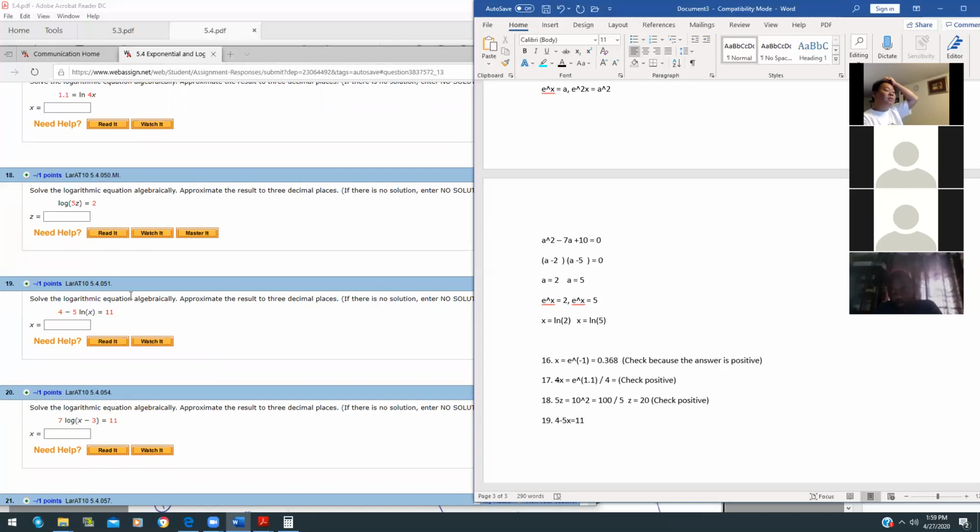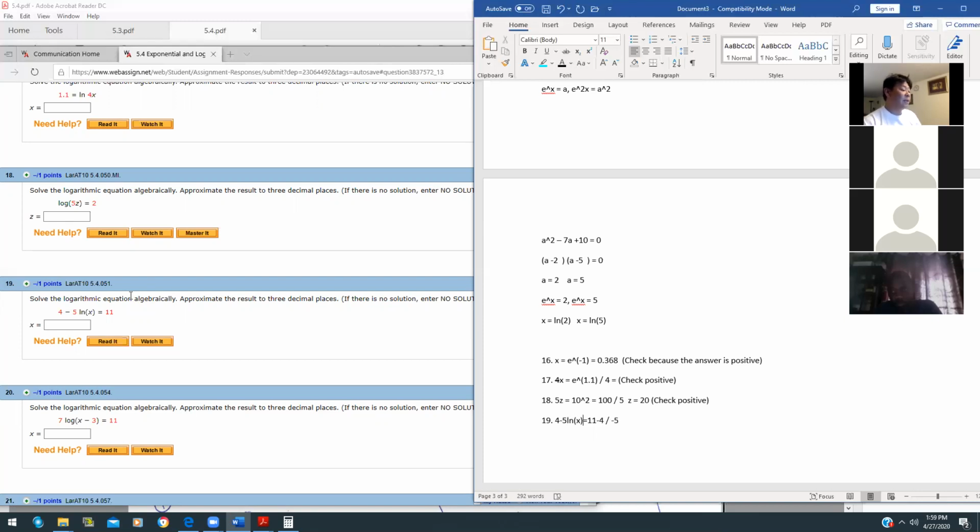What do you do first when you solve 4 minus 5x equals 11? You have to subtract 4 and then divide by what? -5, right?